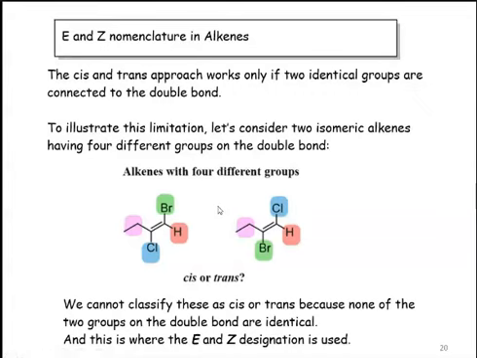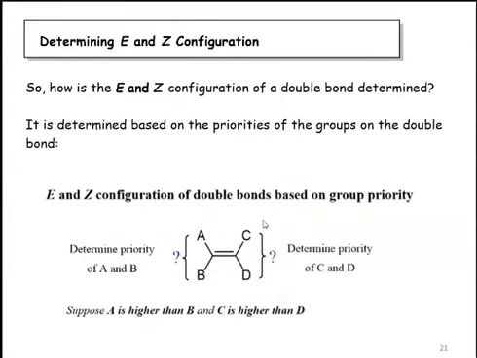We need something more efficient. So came the new concept, the EZ designation, used to differentiate such types of alkenes. Now let us see in the coming slides how this EZ nomenclature is done.